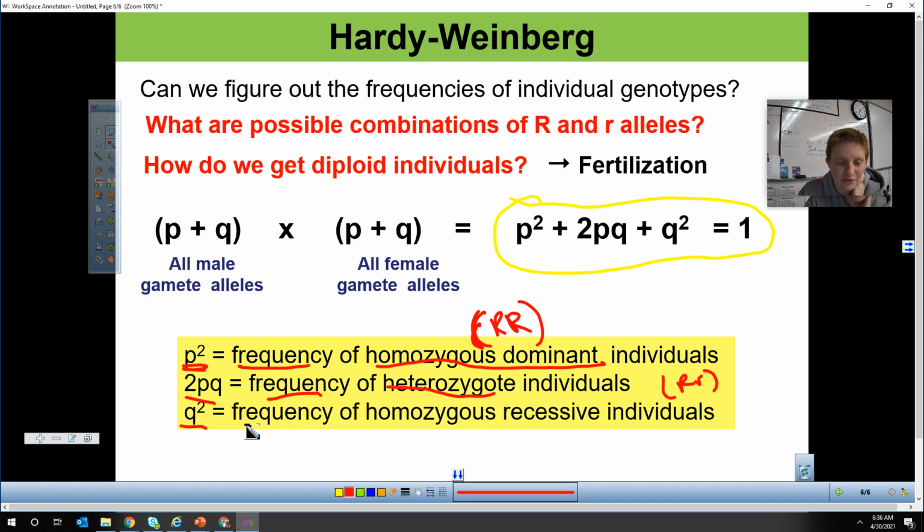And then q squared is the frequency of the homozygous recessive individuals, so the little r, little r. You're really just figuring out how common each of these are. And remember, it's going to add up to 1 because that's 100% of the population. There are no other options. They're either big R, big R, or big R, little r, or little r, little r. So that's going to add up to everybody. That's your second Hardy-Weinberg equation.